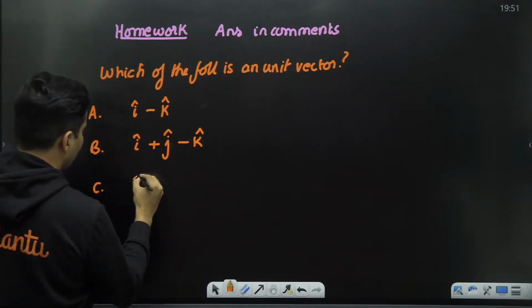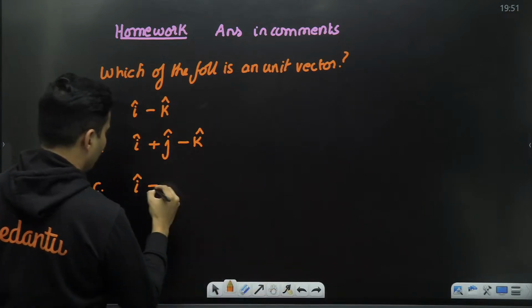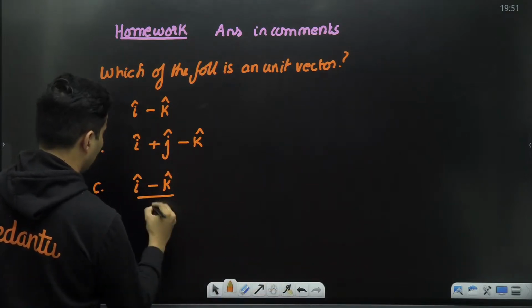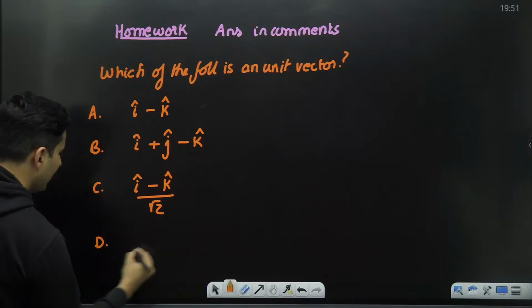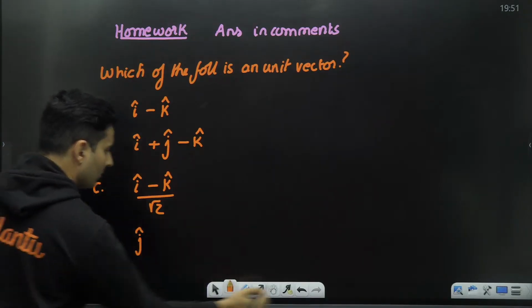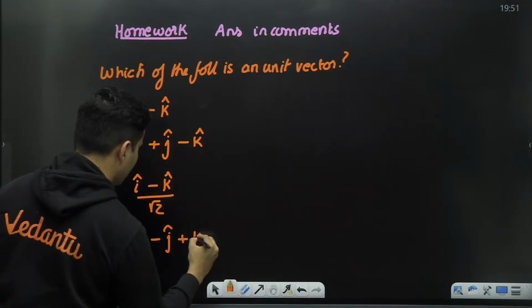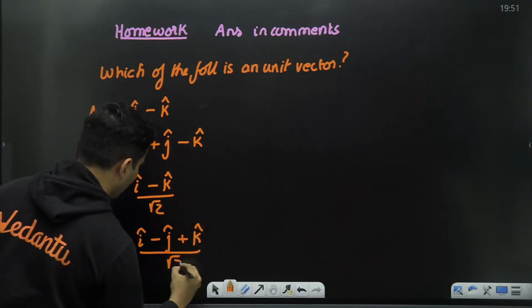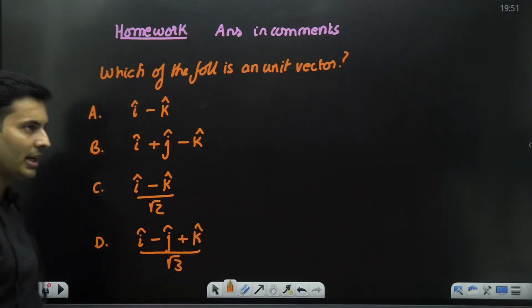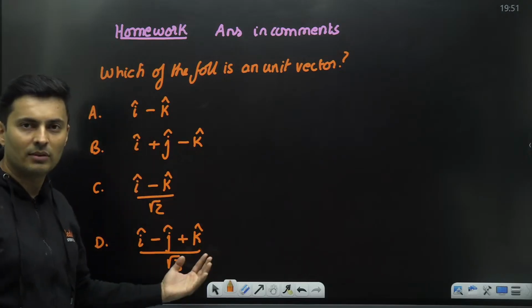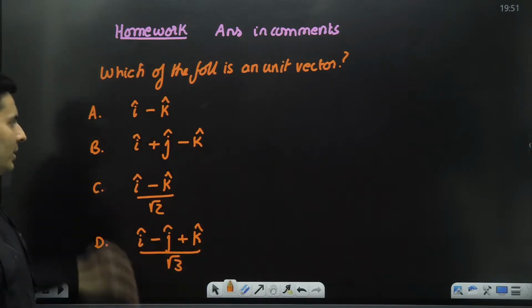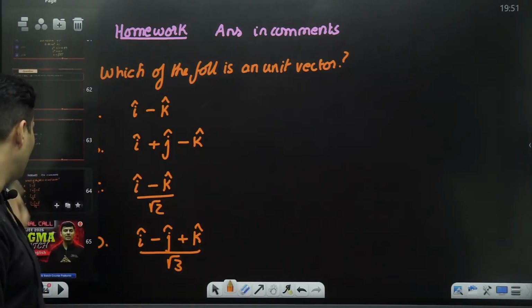C, I cap minus K cap by root 2. Option D, sorry, I cap minus J cap plus K cap, whole thing by root 3. More than one option can be correct. You need to figure out which of the following can be a unit vector. Okay. So that was your homework question.